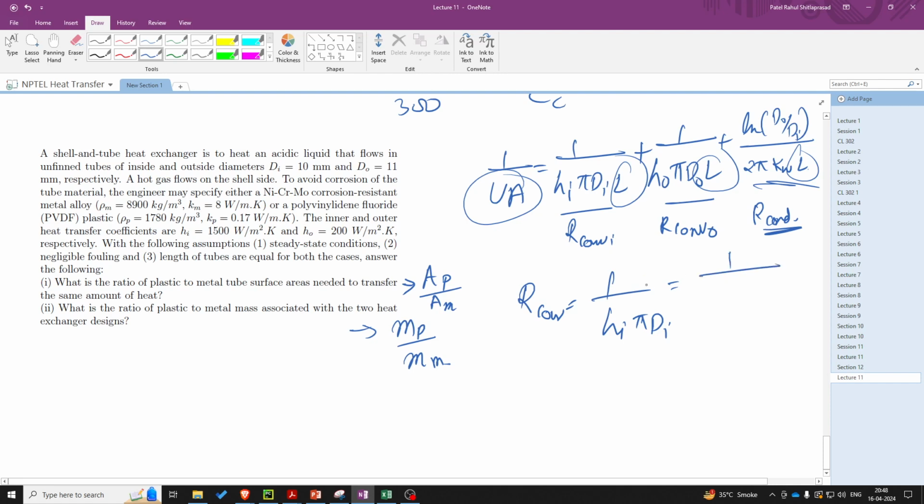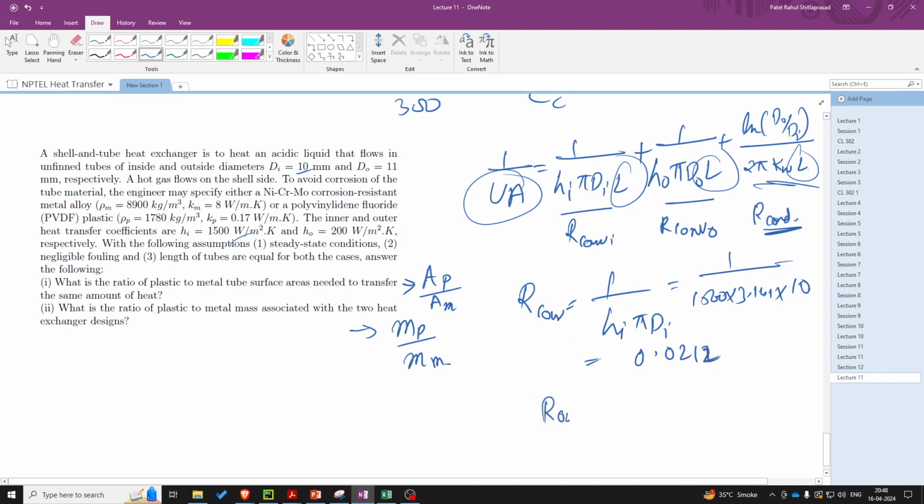So we can just calculate this term 1 upon h. h_i is given as 1500 into 3.141 into D_i, which is 10 mm. From this you can get the value of our convection resistance inside as 0.0212.